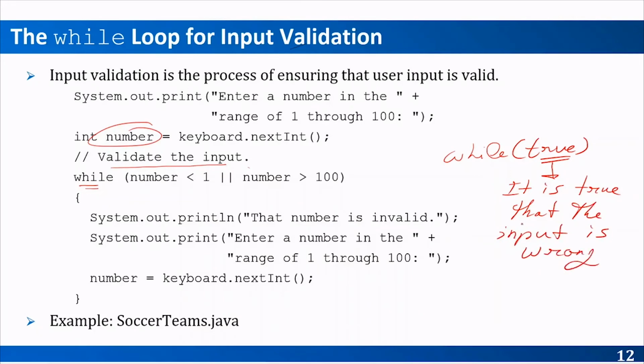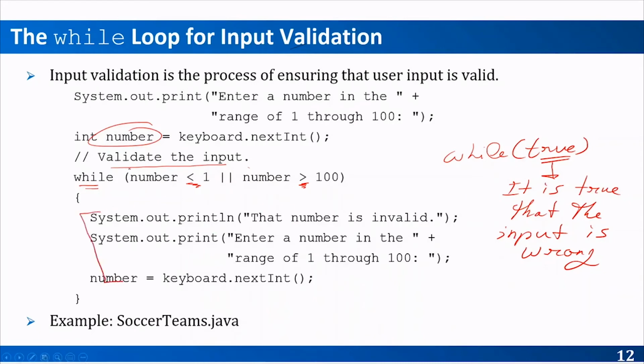So if it's true that the input is wrong, process this. That's basically what we are saying: if it's true that the number is less than 1 or greater than 100, then it's true that the number is wrong. And in that case, I would like to go and prompt the user again.